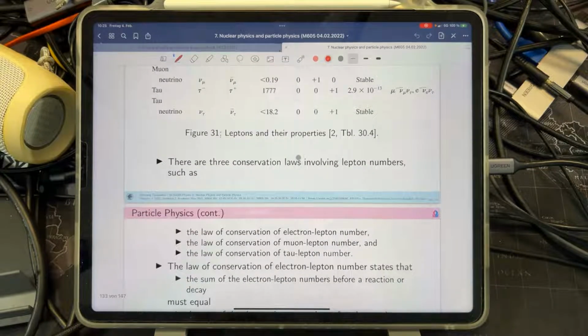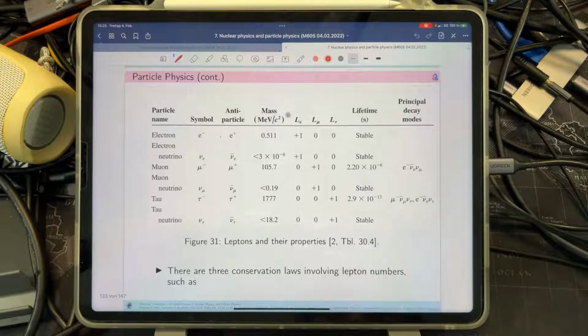There are 3 conservation laws related to lepton numbers, because we have 3 lepton numbers, right? Electron lepton number, muon lepton number, tau lepton number. The electron neutrino has electron lepton number +1.